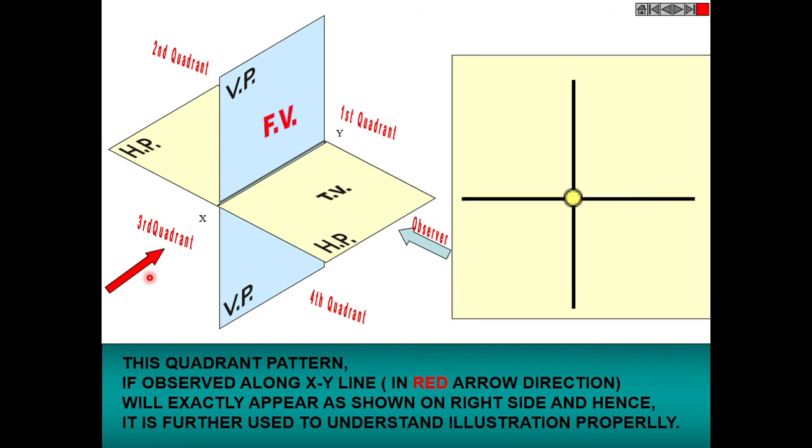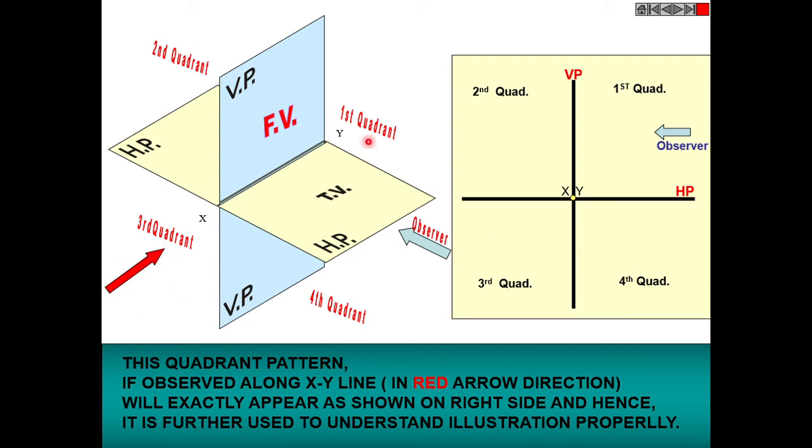This is the plus sign, this is the point, the line becomes a point from the side, so it's XY, the vertical plane and the horizontal plane, and this is the position of the observer when he is looking from the front side. First quadrant, second quadrant, third quadrant, and fourth quadrant. We have transferred this three-dimensional system into a two-dimensional system when we are looking from this red arrow.